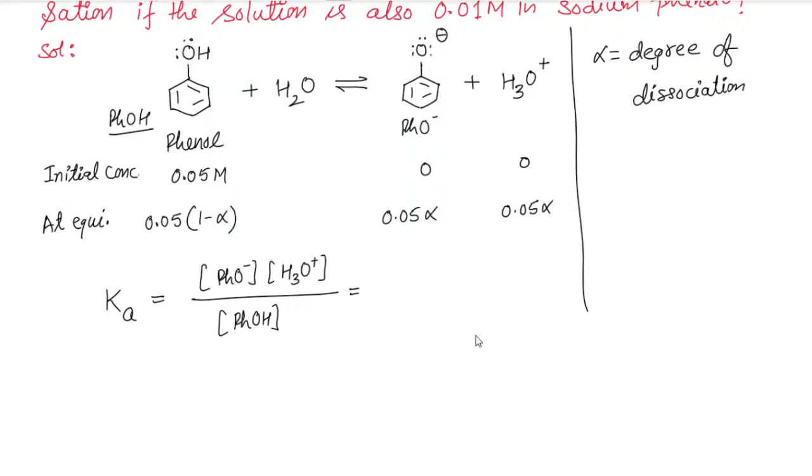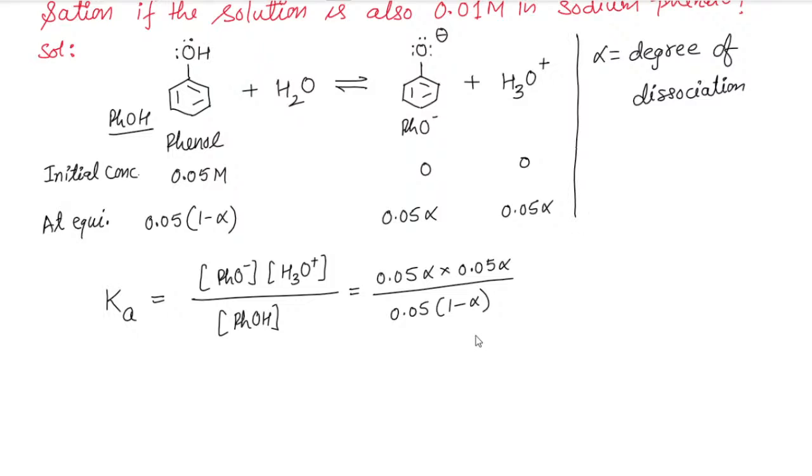So it is 0.05 alpha into 0.05 alpha, divided by 0.05 into 1 minus alpha, right? And 0.05 cancels, so it becomes 0.05 alpha square over 1 minus alpha, and that is equal to 1.0 into 10 raised to power minus 10.